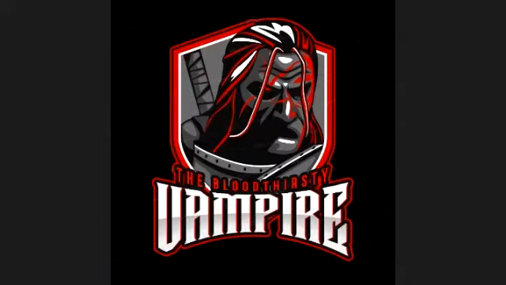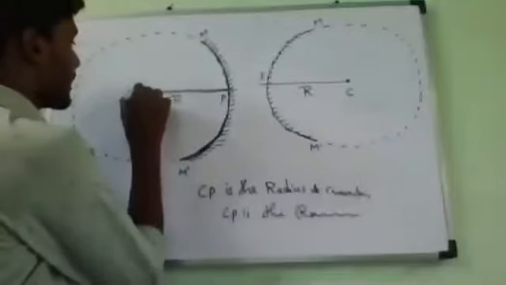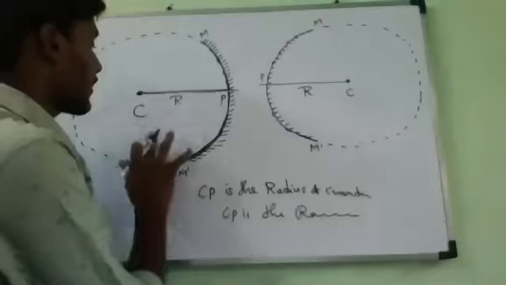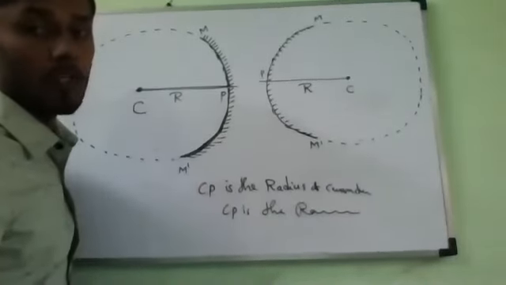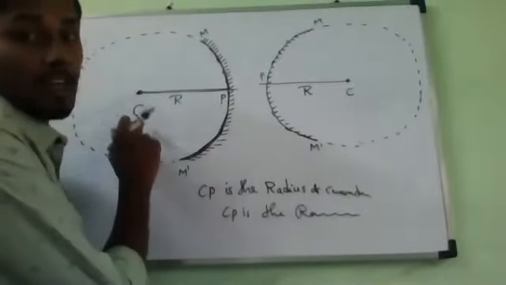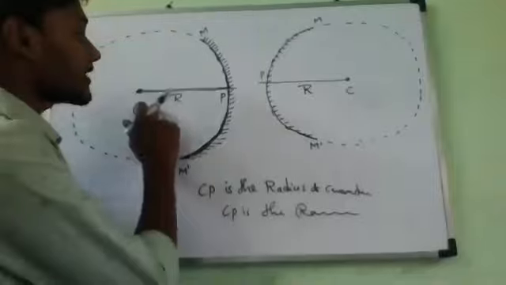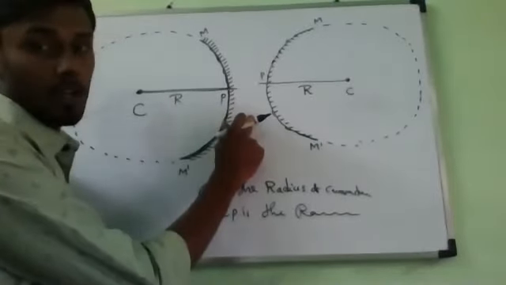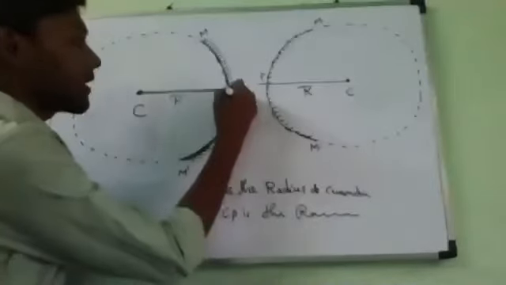The radius of curvature. Center of curvature is capital C, and radius of curvature is capital R. Now, if you extend the line of the radius of curvature towards the mirror, then it will strike the mirror at a particular point.